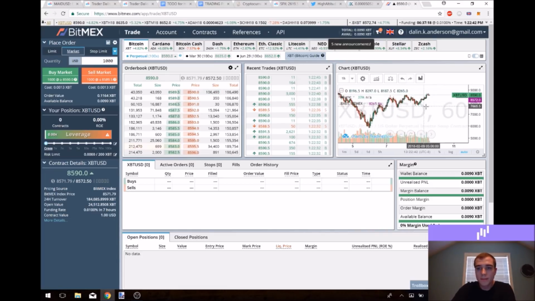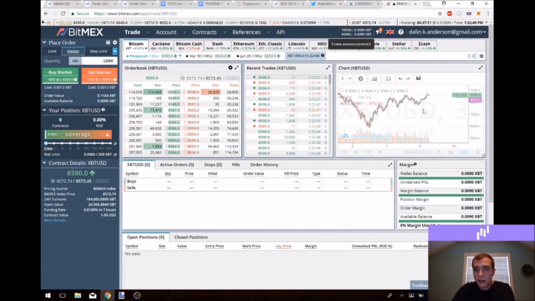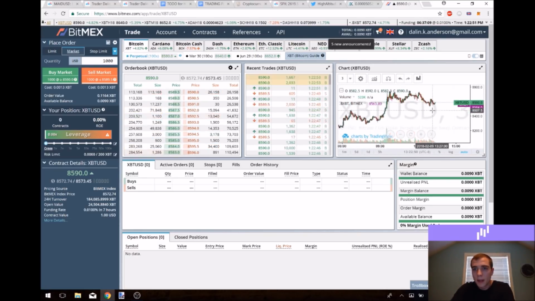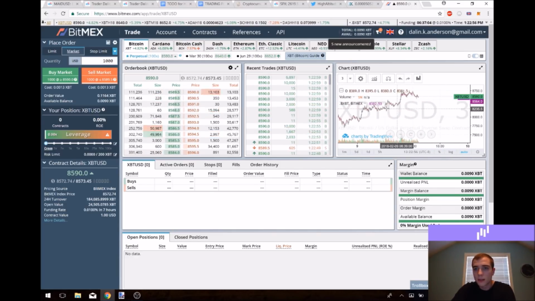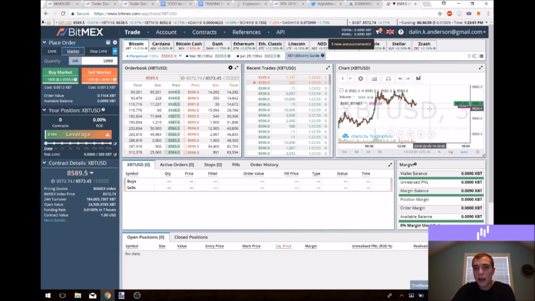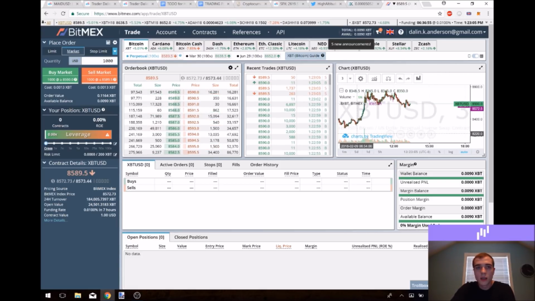With Bitcoin here, if I was day trading this, and I would be on Bitmex, that's generally what I like to do on here, I would be looking to find an entry on this chart. Where can I buy? Where can I open an entry position? Now, on the right-hand side of things, you have the chart. Up at the top, you have the coins that you can trade.